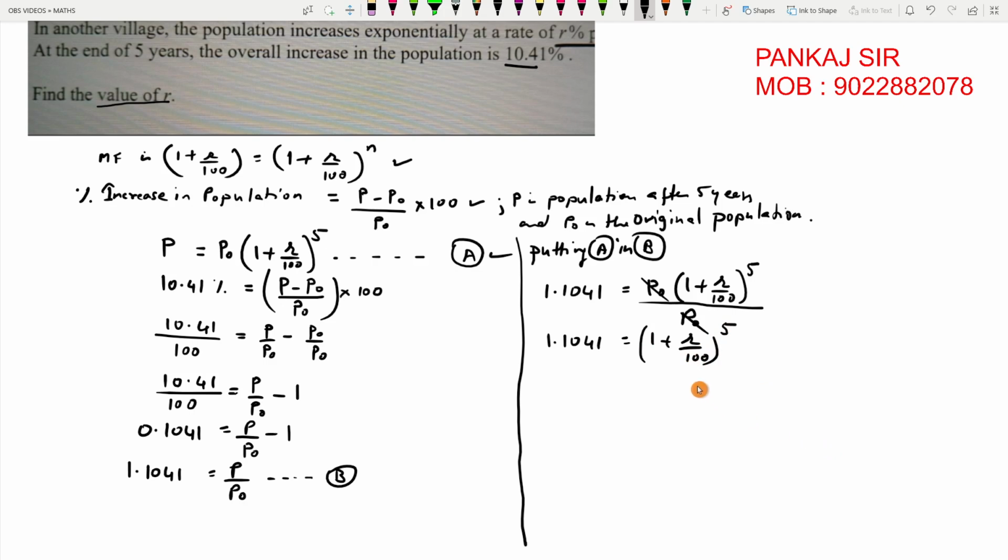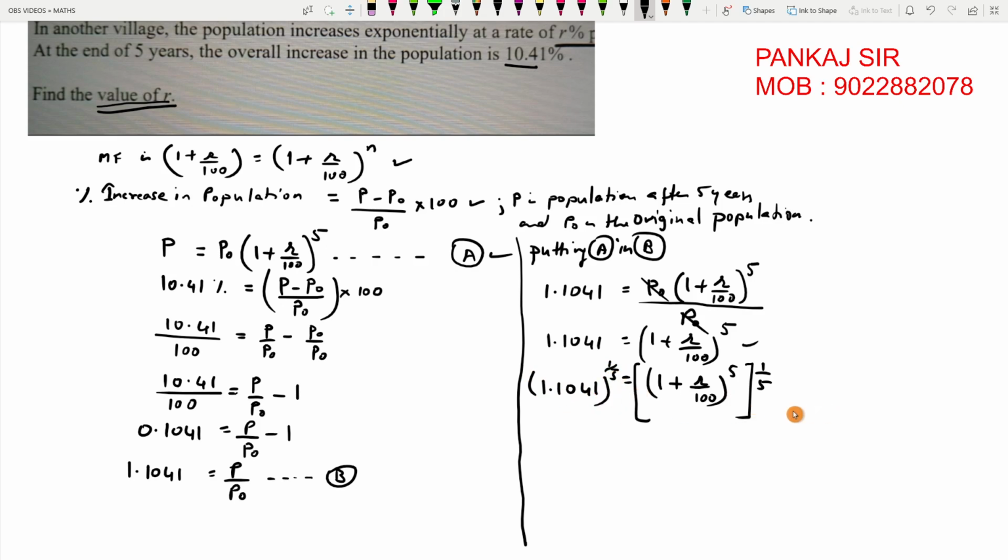Okay, we are interested in finding this R. So from here we can get the value of R. Now what I'll do is I want to get rid of this 5. So I'll take this 1 plus R upon 100 whole raised to 5, the whole thing I'll raise to 1 upon 5. This will get rid of the power 5 on the right hand side. But the same thing I'll have to do here also, 1.1041 whole raised to 1 over 5.